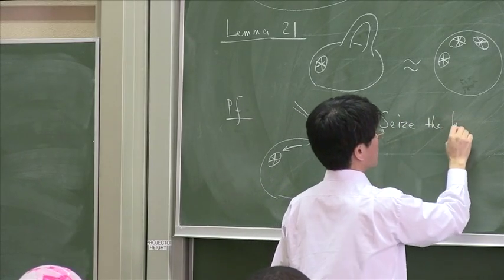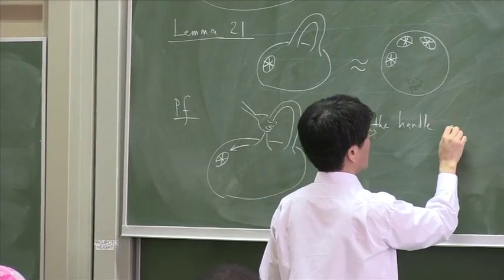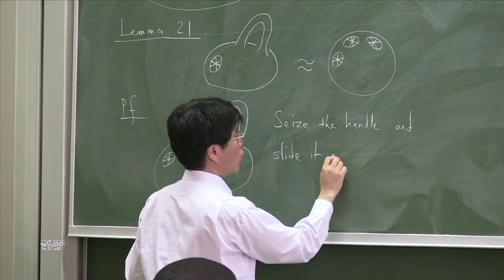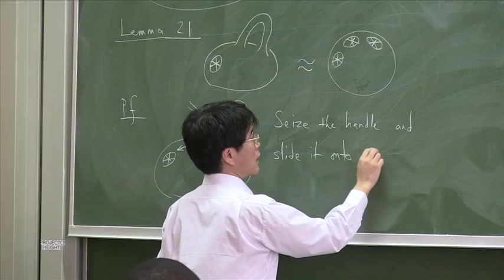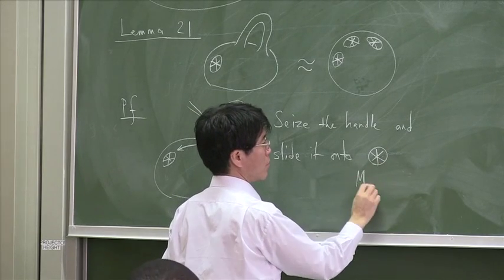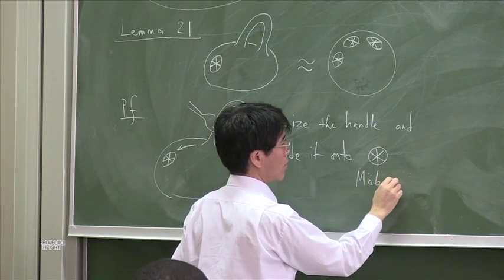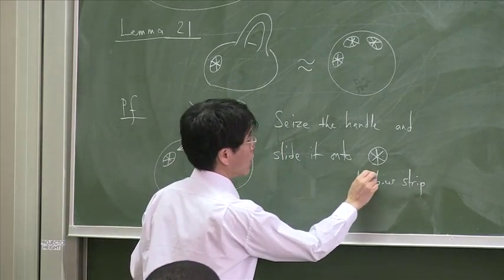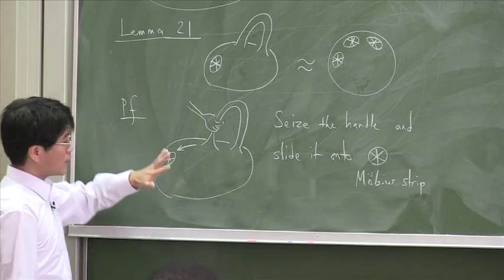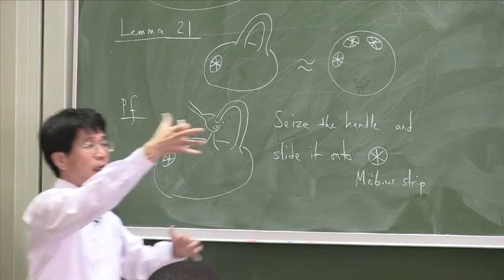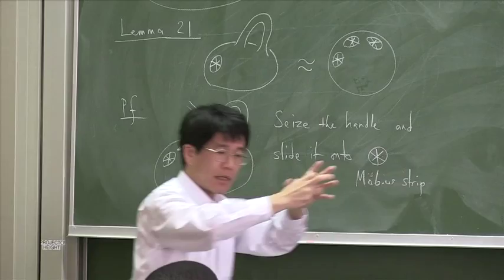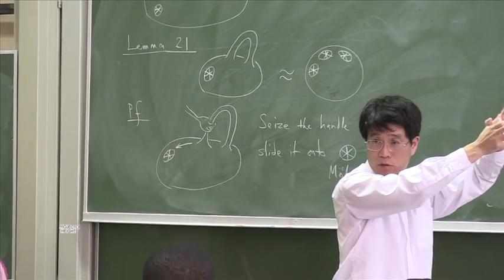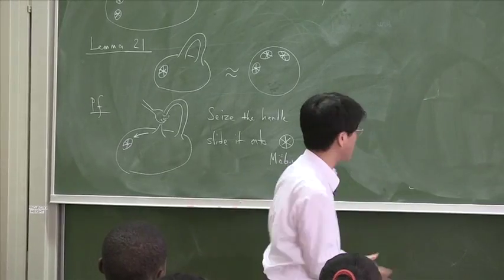Seize the handle and slide it onto the Möbius strip. Okay, what's going to happen? Well, first imagine that there's no Möbius strip here, and then I grab a handle, can you see? And then I slide it, and then you come back to where you started, the same handle. There's no mystery about that.